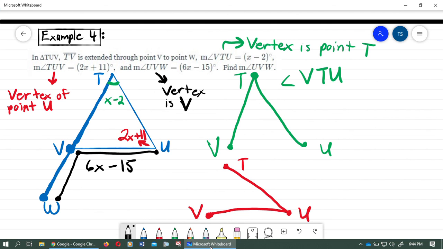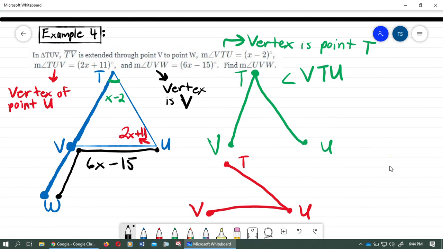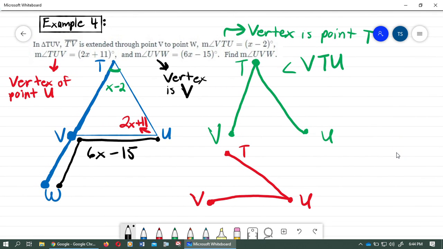Okay, 6x minus 15. All right. So, folks, that is the way you would have to set this up. Again, folks, this is one of those problems that we went through where we've got an exterior angle and the 2 remote interior angles.